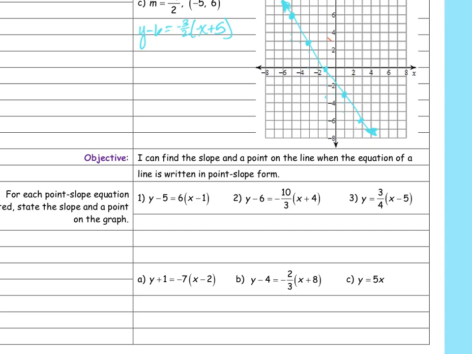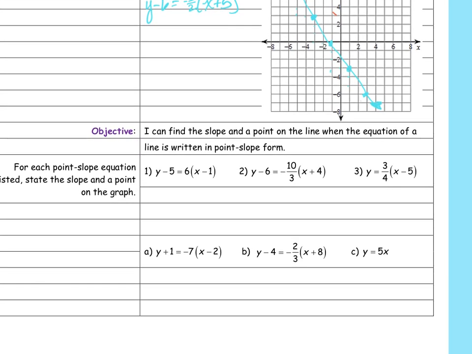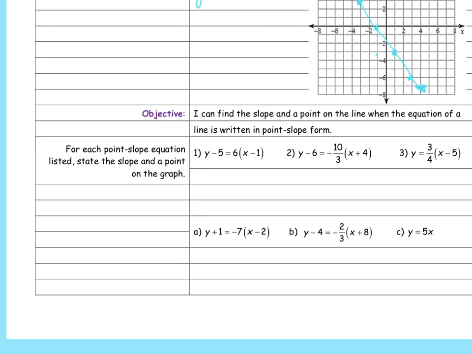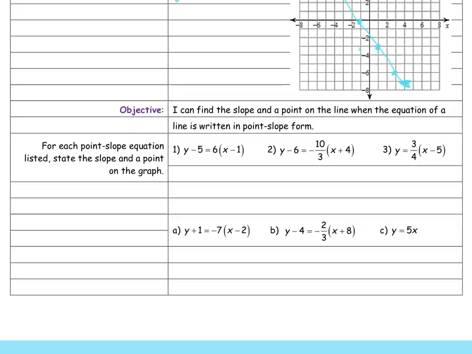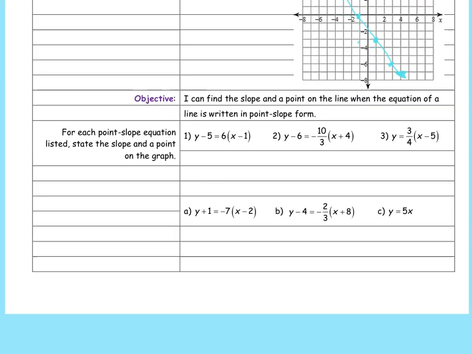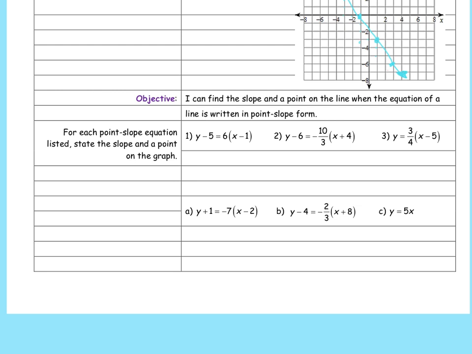It says, for each point slope equation listed, state the slope and a point on the graph. So they want me to go backwards. What we did before, they gave me a slope and a point, and I wrote the equation. Now they're giving me the equation, and they want me to find the slope and a point.